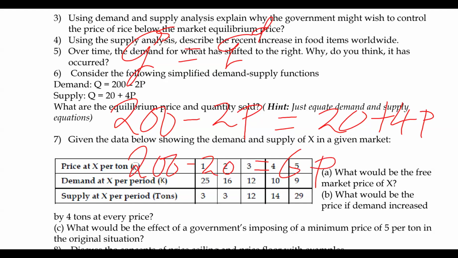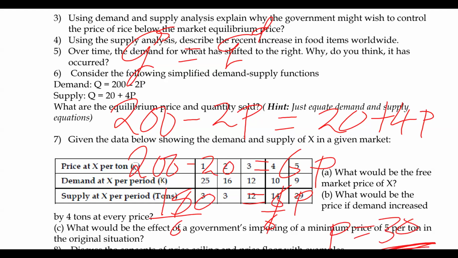So what is the price? The price is 30. Yeah, this makes sense. 30, that's the price. Then we need the quantity, right?